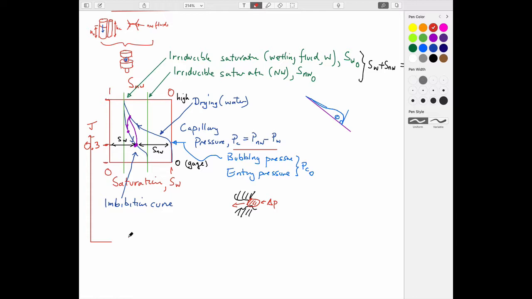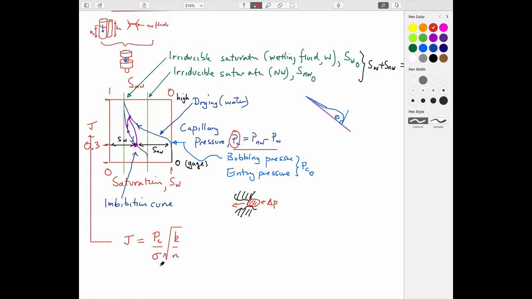But the J function is just a non-dimensional parameter which takes the capillary pressure, but then just divides whatever that number is by the interfacial tension of the fluid, the permeability of the reservoir, and the porosity of the reservoir, square root, just as a number.